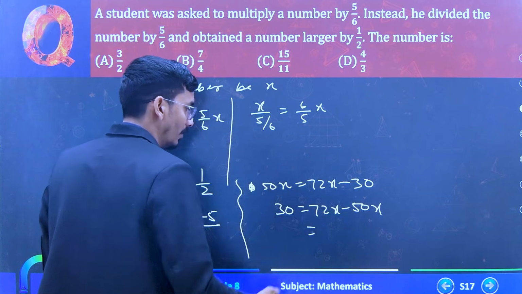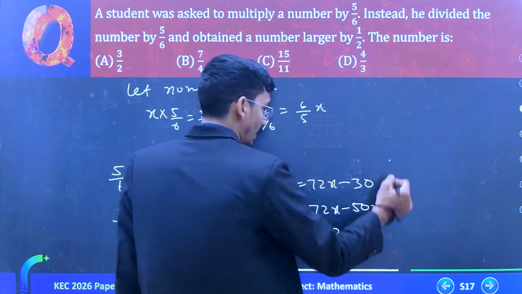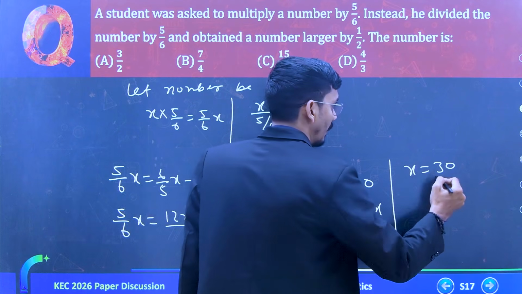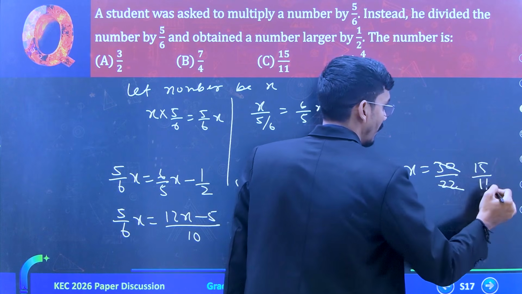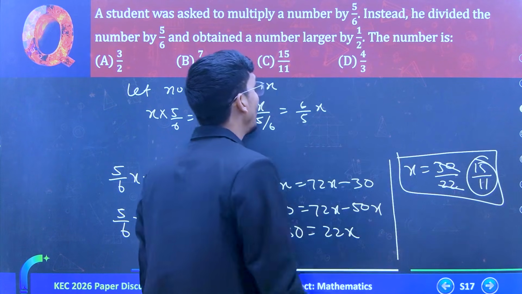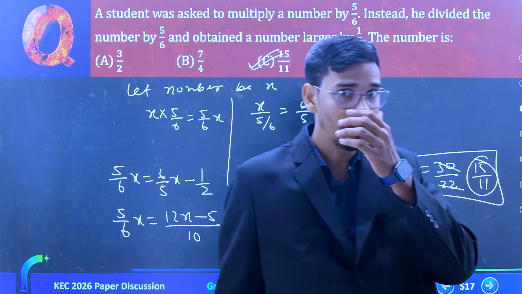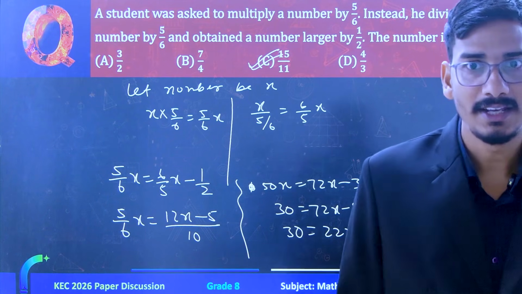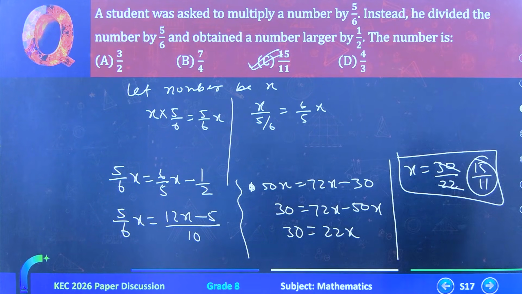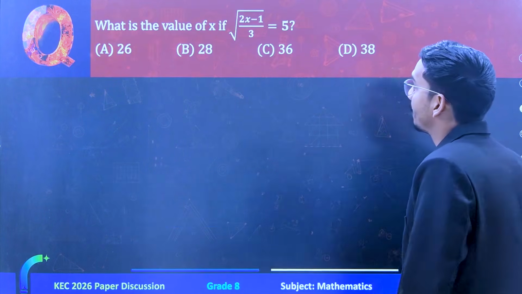So it's nothing but 22x equals 30. So x equals 30 by 22. Again cancel, 15 by 11. So 15 by 11 is the value of x. Am I clear or not clear? Is it clear to everyone? Okay, now coming to the next question.